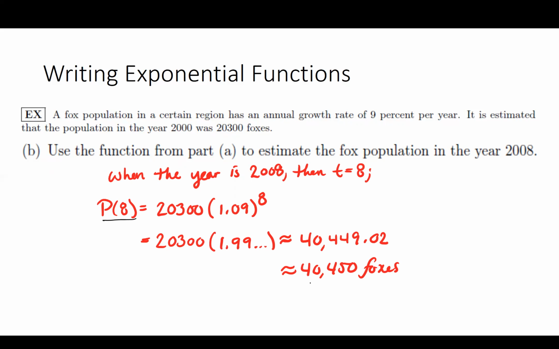And we're going to do some rounding here. The reason that we round is because we're talking about foxes. This notion of 0.02 foxes is kind of ridiculous. If we think about this, here's a fox. What we've got is 40,449 foxes, and then 2% of a fox would be just like a nose, just floating out in space. Well, we're not going to count that.